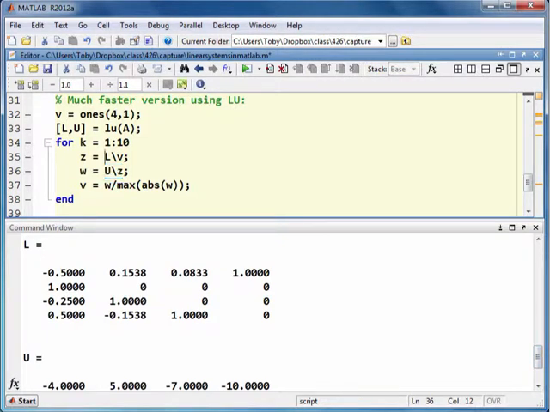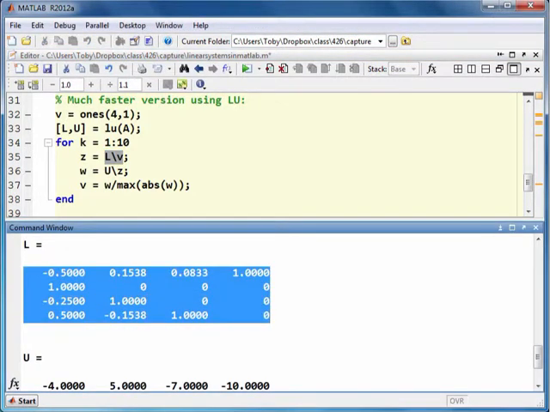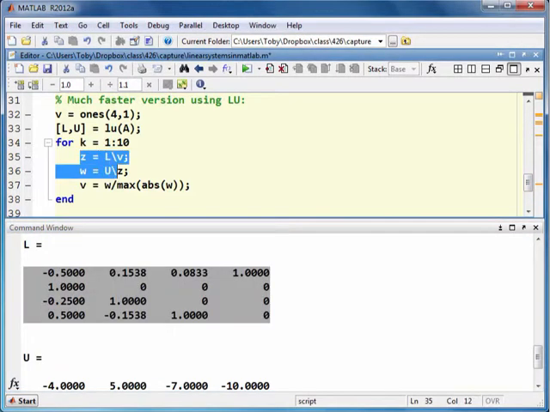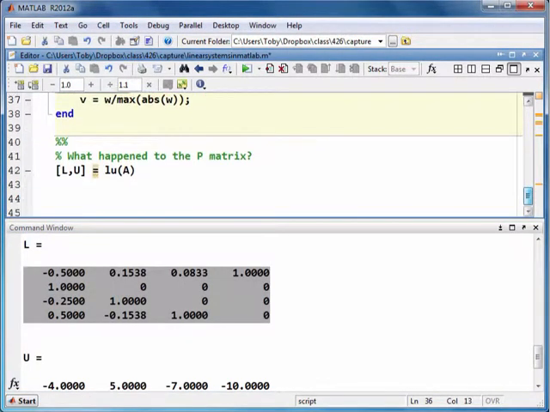And when you give L backslash, MATLAB's able to recognize that it has this special permuted lower triangular structure. And so it's able to do that solution with a fast triangular solve as well. So those two steps in this loop really are n squared. It really does skip the factorization step when you give a triangular matrix.